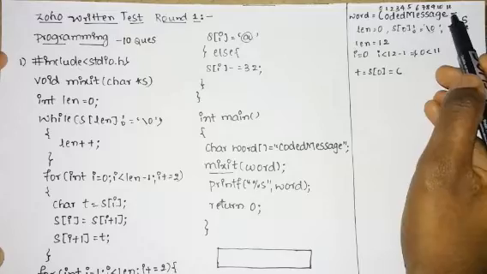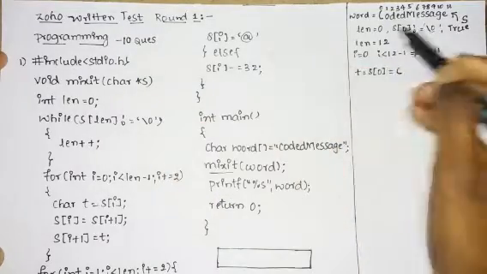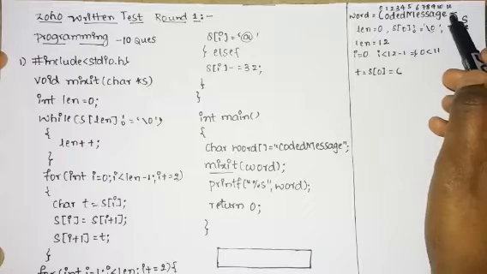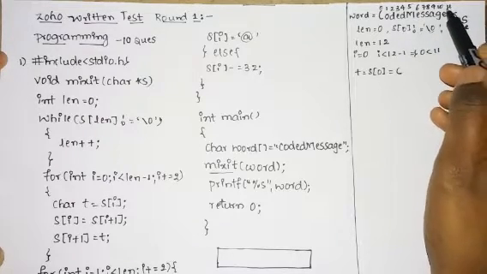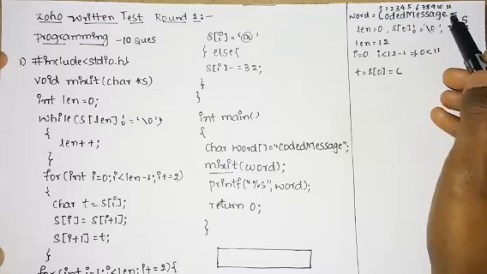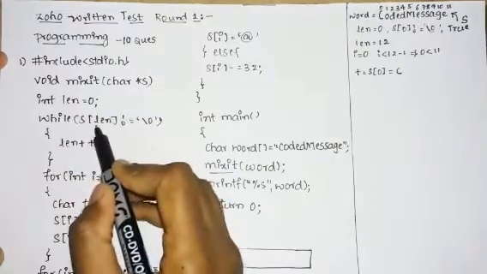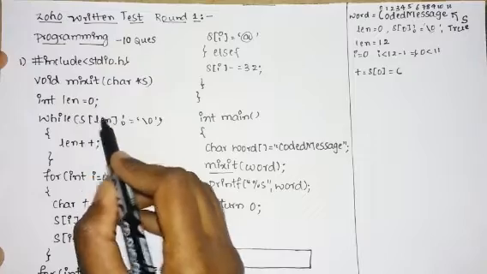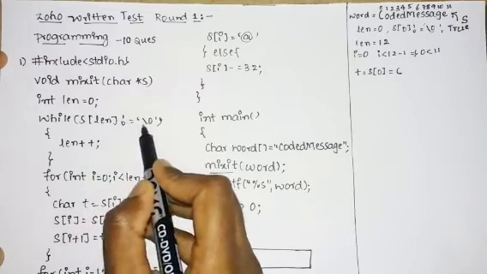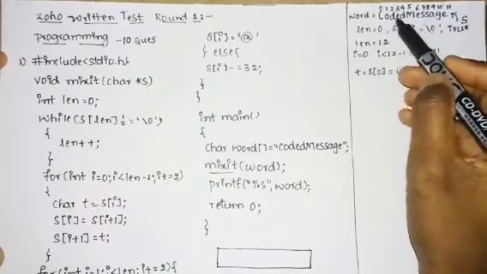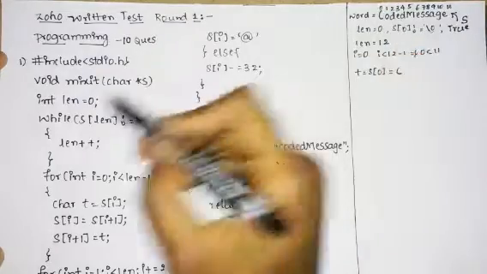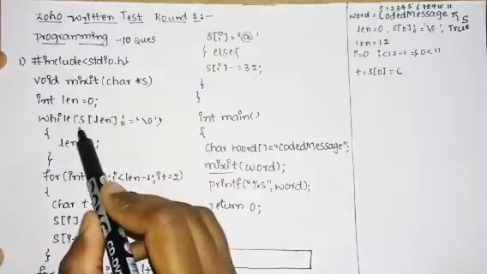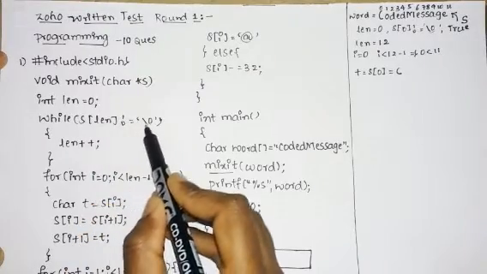Here it is not denoted as slash 0, but you need to understand that the end of the string is nothing but null. Initially s of length is s of 0, and s of 0 is not equal to null.